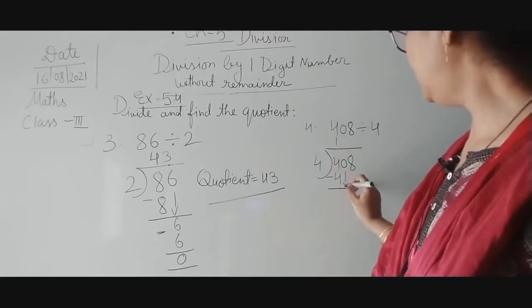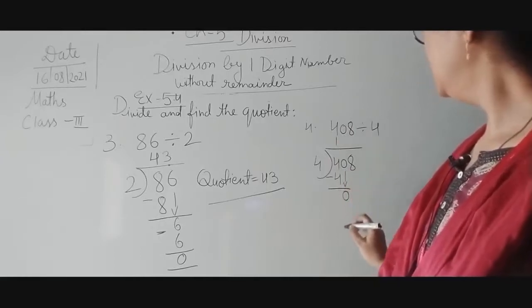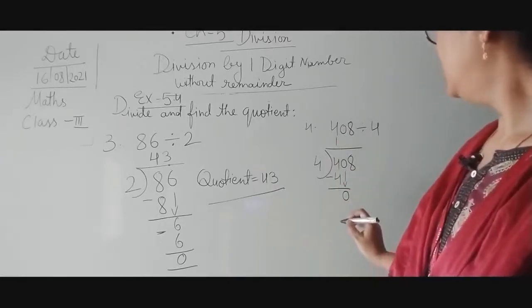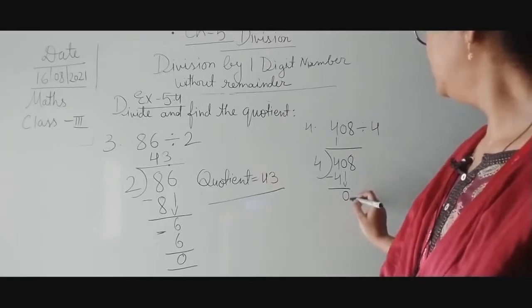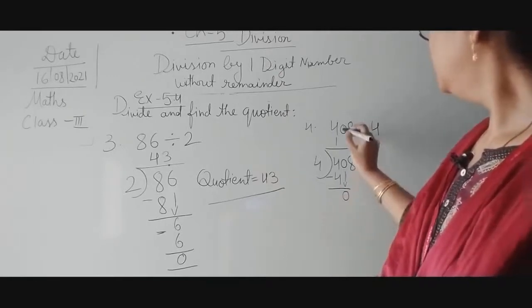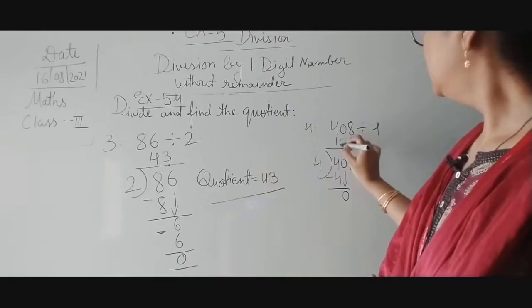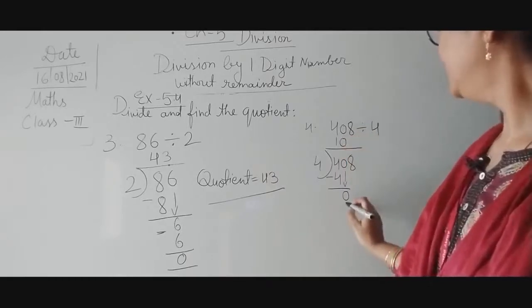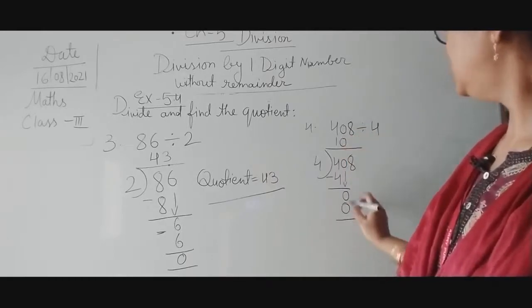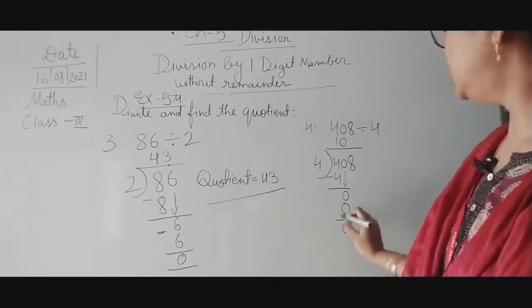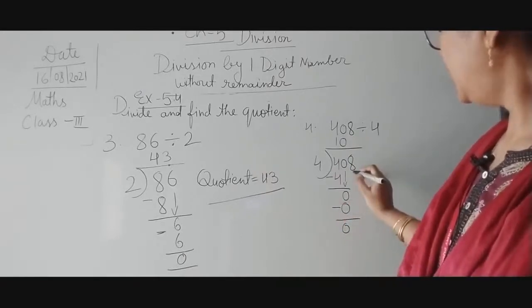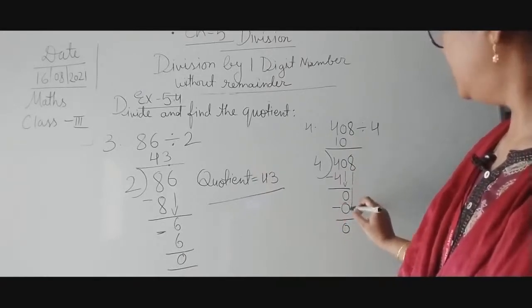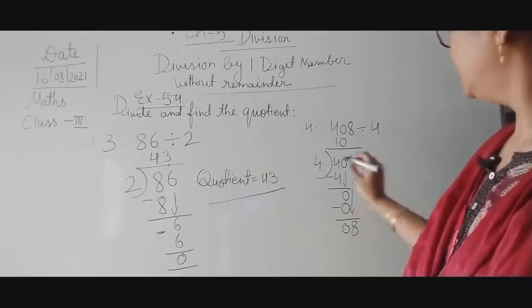Now 0 will be placed over here. Okay. Now then 0 we will write, and then 0. 0 minus 0 we will get 0. Now again this number will be placed over here.